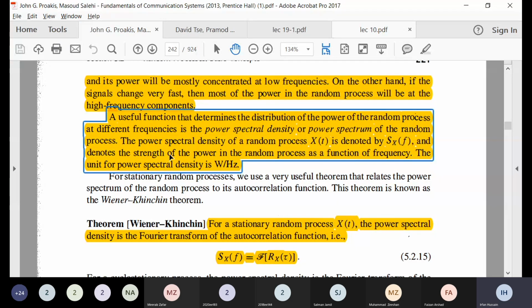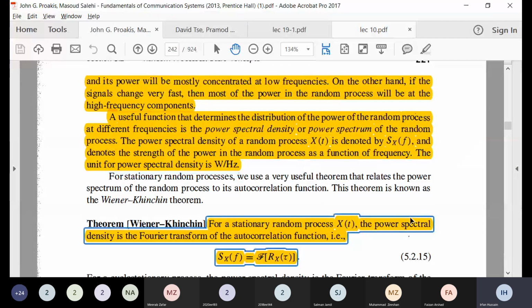So we try to find this power spectral density, and it gives the strength of the power at a given frequency, and its units are watts per hertz. So a very important theorem is the Wiener-Khinchin theorem, which says that the Fourier transform of the autocorrelation function gives us the PSD, or the power spectral density of your random process.